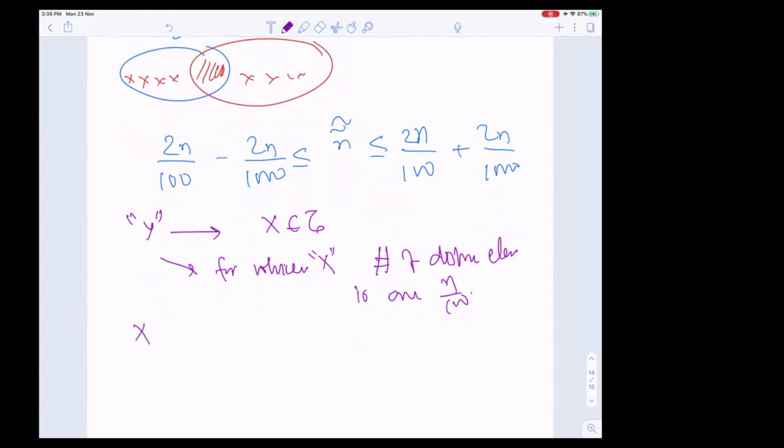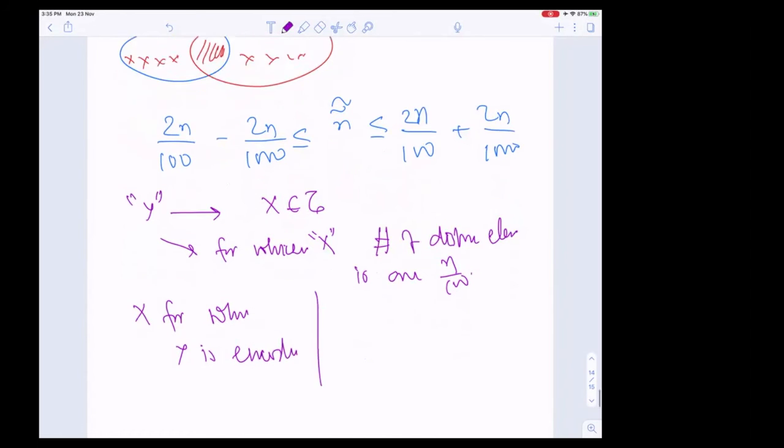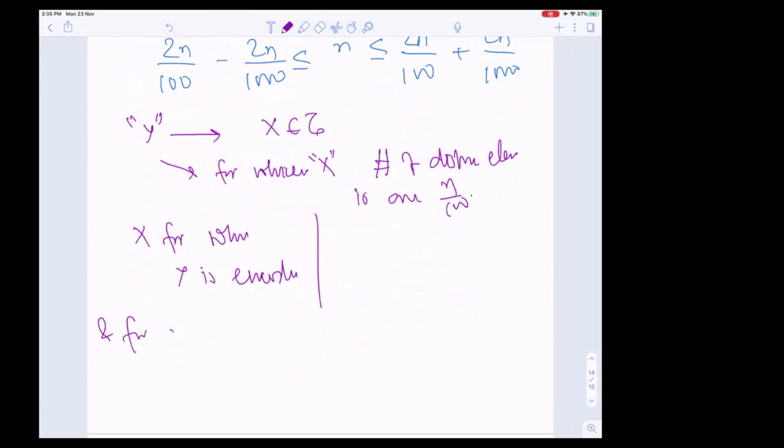It is this x for which y is encoding. And for all others, by our construction of C, they are going to be more like 2n over 100, which is too far away.